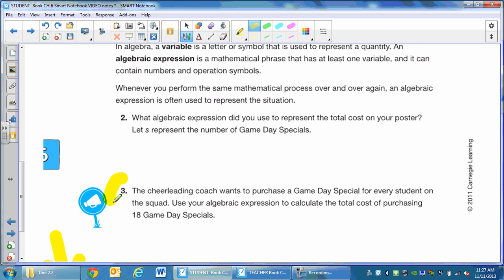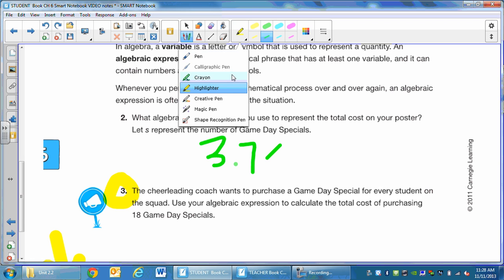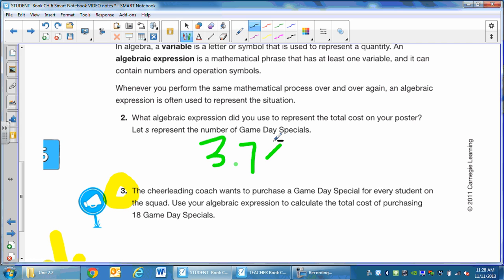All right, now number 3 says the cheerleading coach wants to purchase the special for every student on her squad. So use the equation that you got for 2, the 375 times S, to solve number 3. Where the S is, you'll plug in 18. So go ahead and do that now.